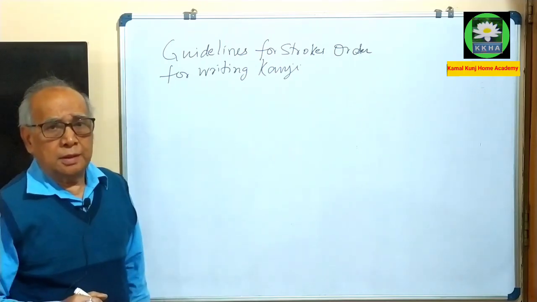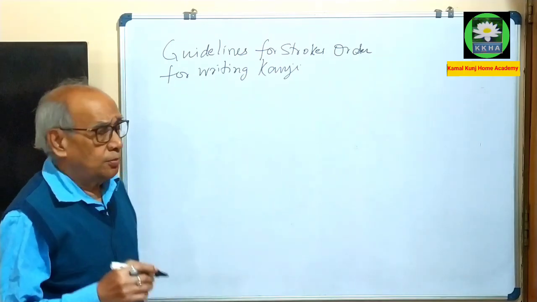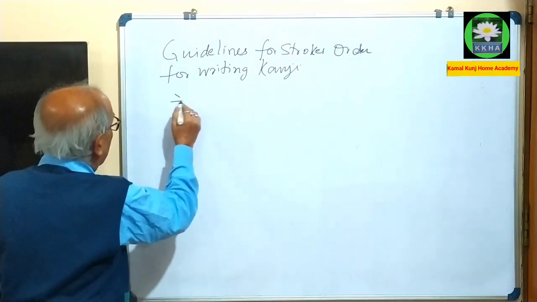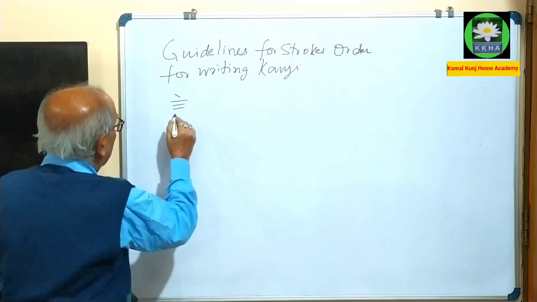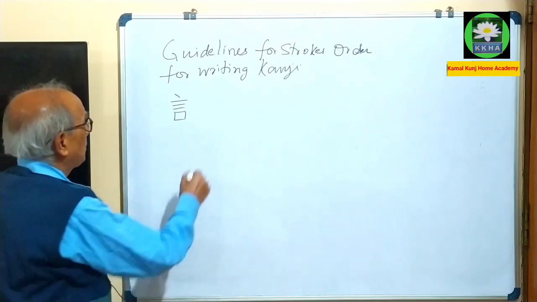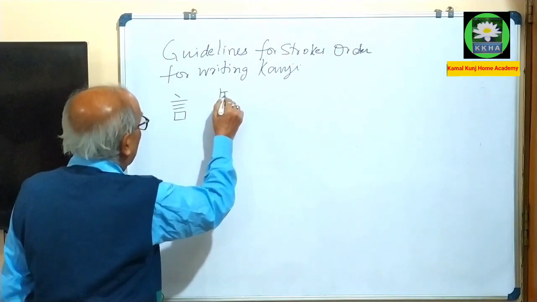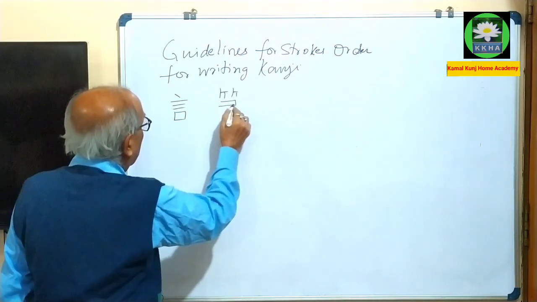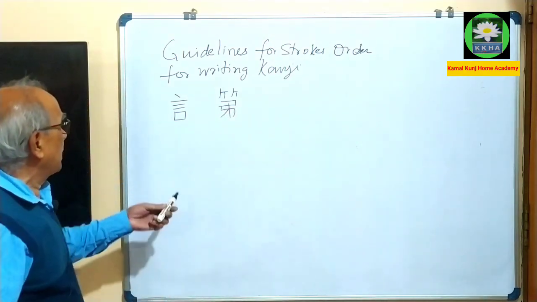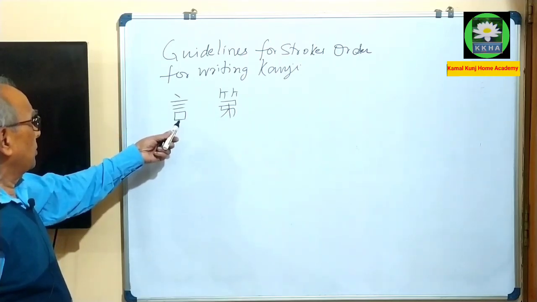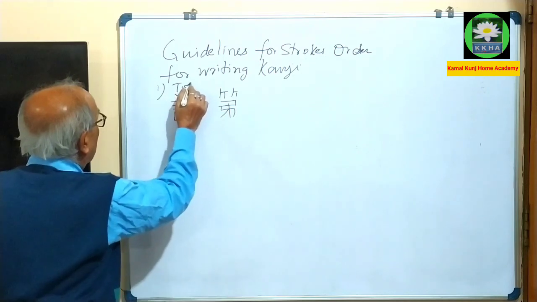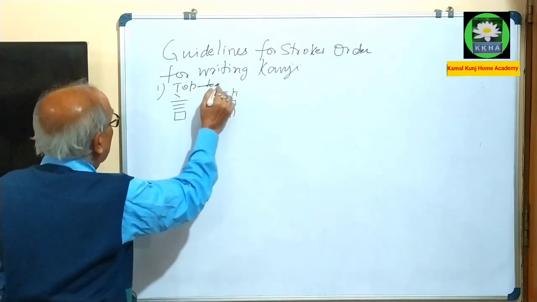Generally, kanji is written from top to bottom. Starts with top and go towards bottom, top to bottom. Number 1 is from top to bottom.